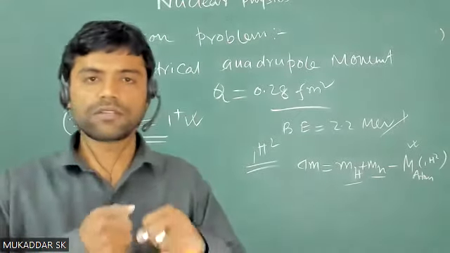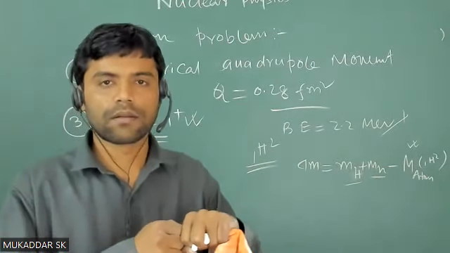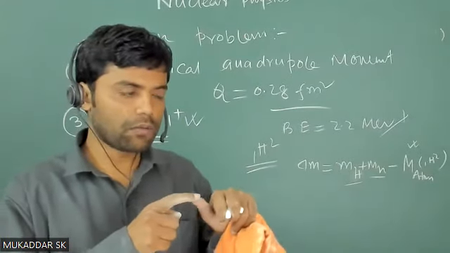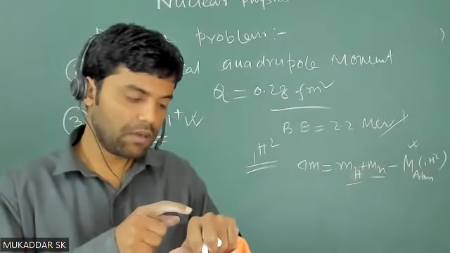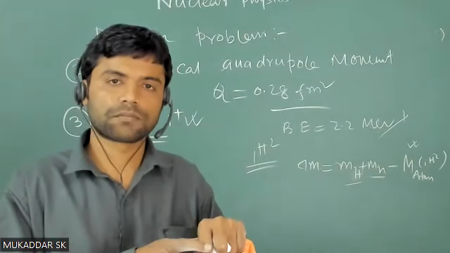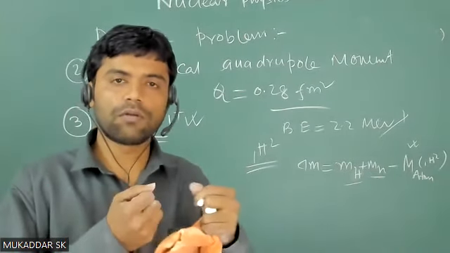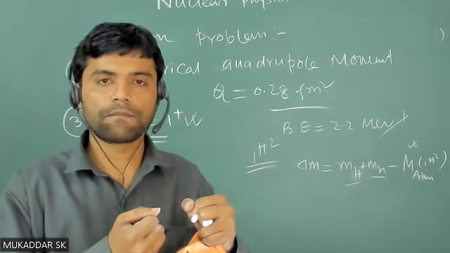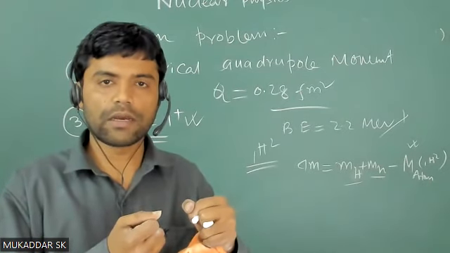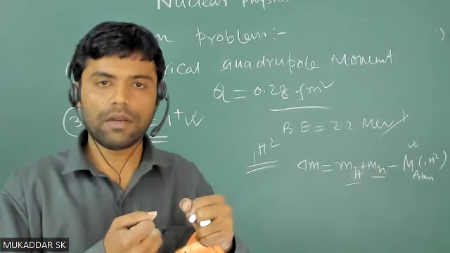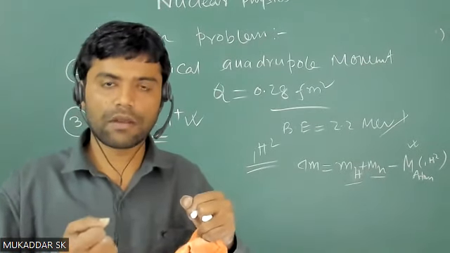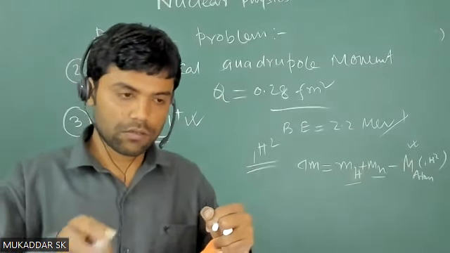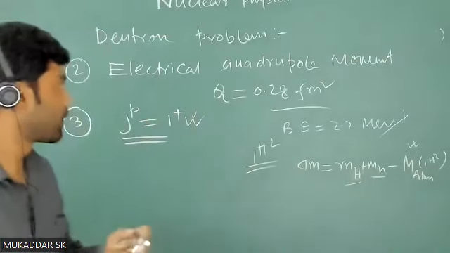You have a 2 nucleon system, so binding energy between proton and neutron, and you are calculating binding energy per nucleon in mega electron volts.